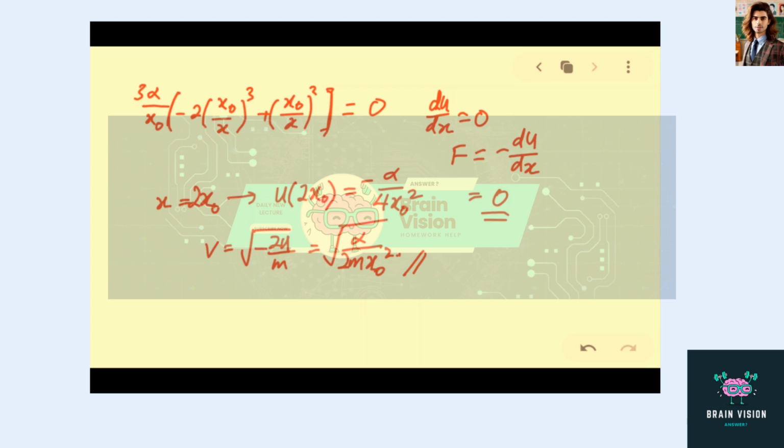But for the next part, we're now going to assume that our proton is released at a different point. Our proton is now released at x1. First, we want to locate where x1 is. x1 is equal to 3 times alpha over beta, which is equal to 3 x naught.